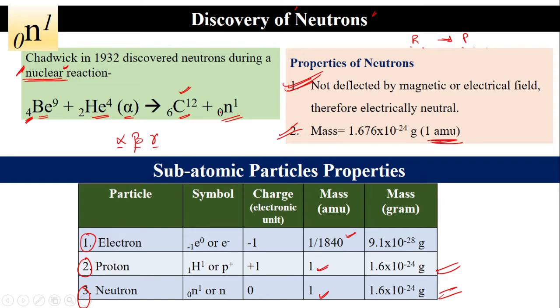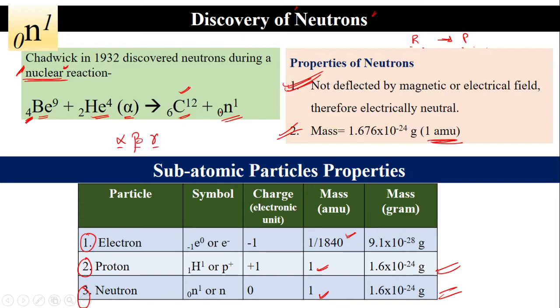Now let us see a few important questions in this chapter. Questions will be mainly in this way. Element X is there, what we are writing below in the subscript.